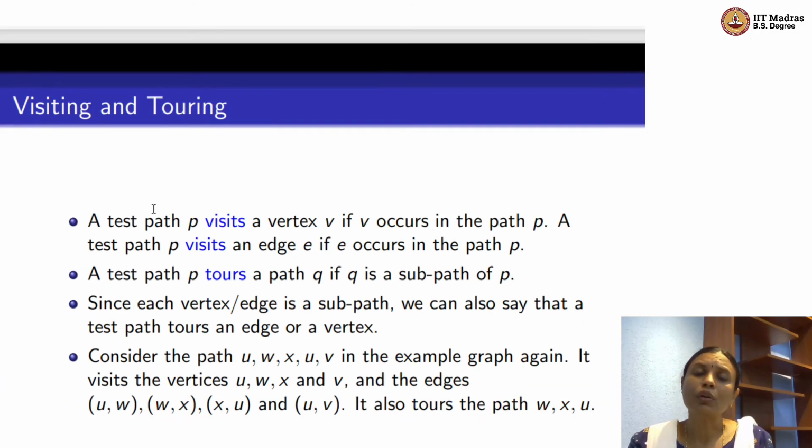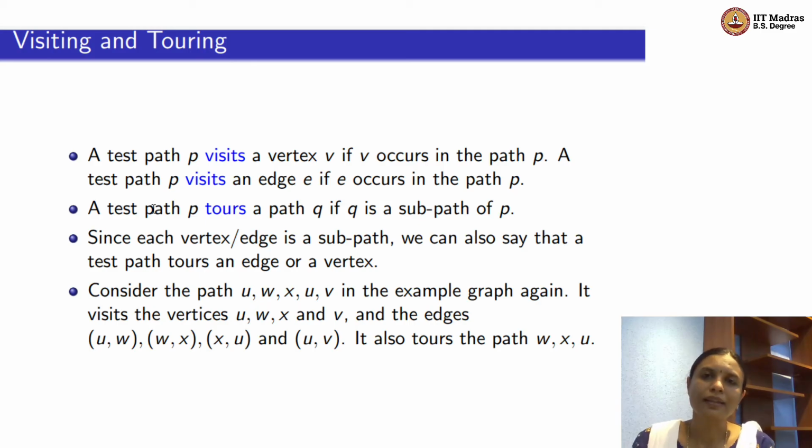Then there is the notion of, when it comes to test paths in software testing, we distinguish subtle notions about visiting and touring. In English, it might be the same thing, but in testing, as far as graphs are concerned, we distinguish them in some way. So, here is what the definition says.